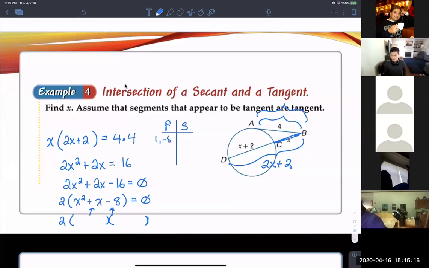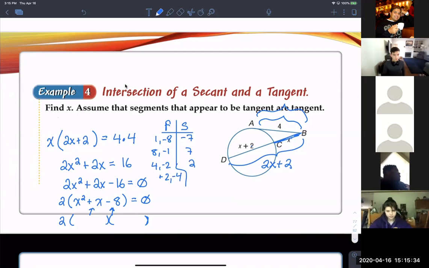So remember, my factors are 1 and -8, 8 and -1, 4 and -2, and 2 and -4. And none of these add to give me 1. So in order to solve this, we need to do the quadratic formula.